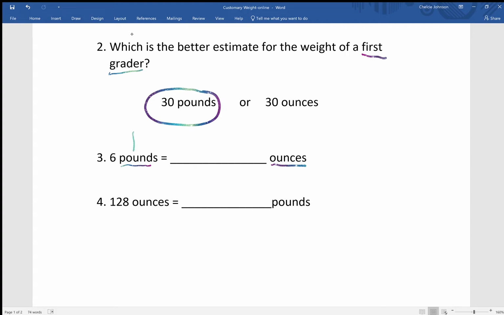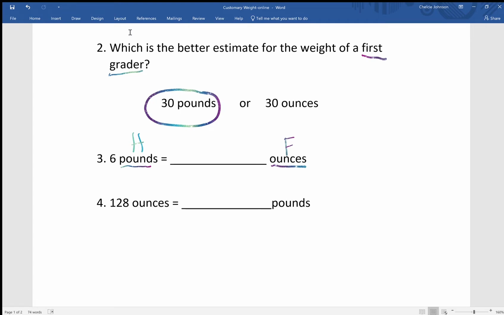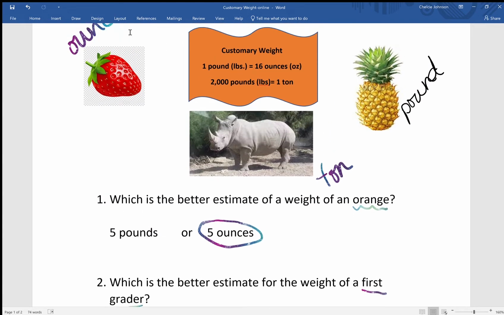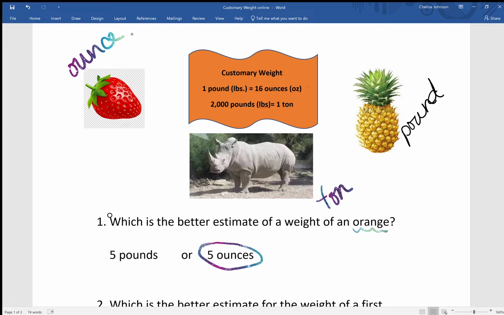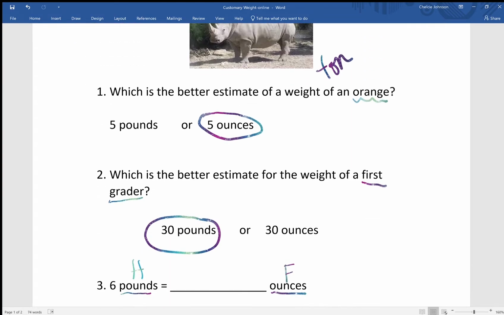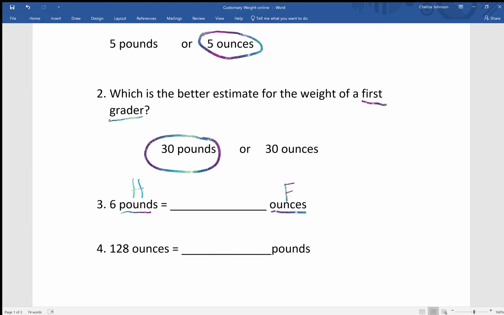That's going to be your horse, and your fly is going to be ounces. Now, if you've already forgotten how many ounces make up a pound, you can use this. So you look here, 16 ounces make 1 pound. So they give you the horse, so you know the saying.